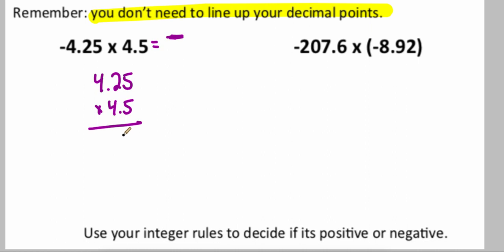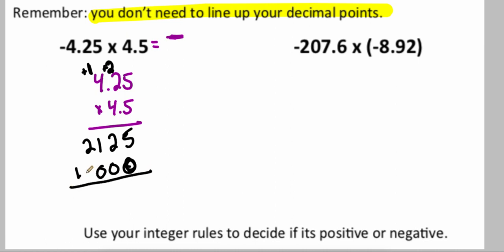5 times 5 is 25. 5 times 2 is 10, plus 2 is 12. 5 times 4 is 20, plus 1 is 21. Second row, remember that placeholder 0. 4 times 5 is 20. 4 times 2 is 8, plus 2 is 10. 4 times 4 is 16, plus 1 is 17.